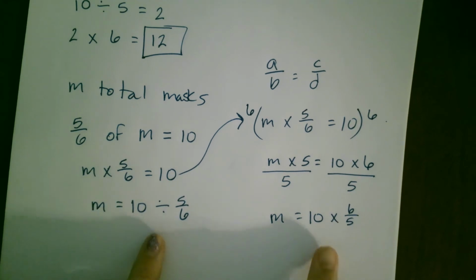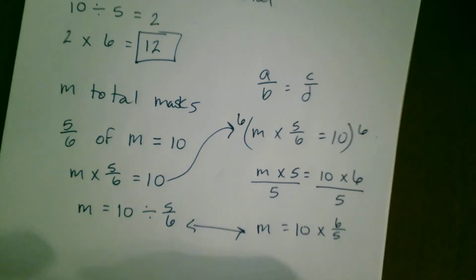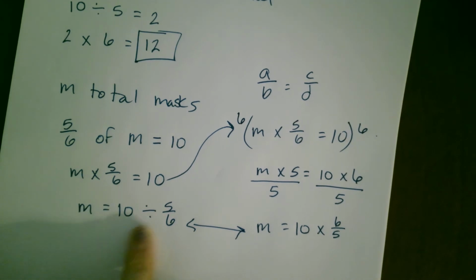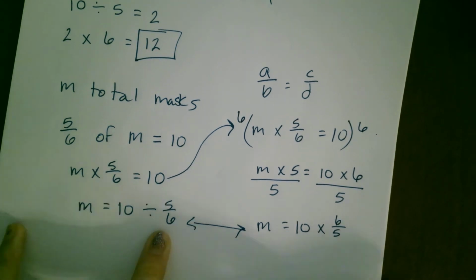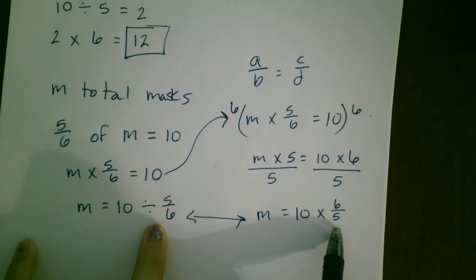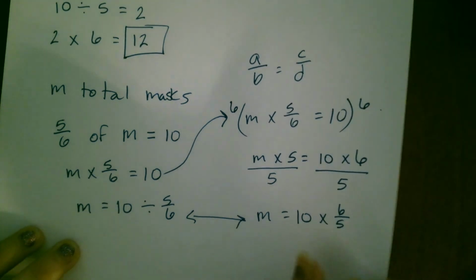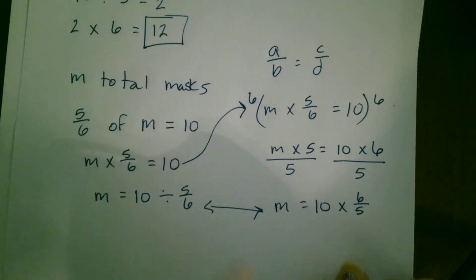And so we can see here that 10 divided by 5/6 actually means 10 times 6 over 5, which is where that whole flip the second and multiply, or multiply by the reciprocal, comes from. So now we have the algorithm, or the shortcut, and the reasoning behind it for dividing fractions.